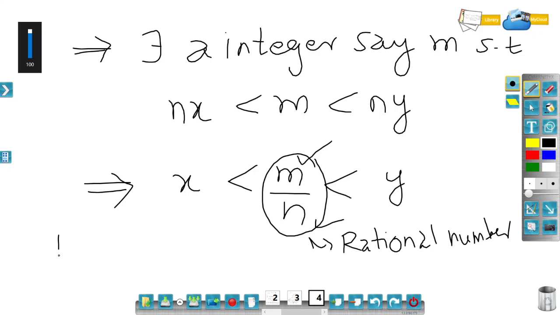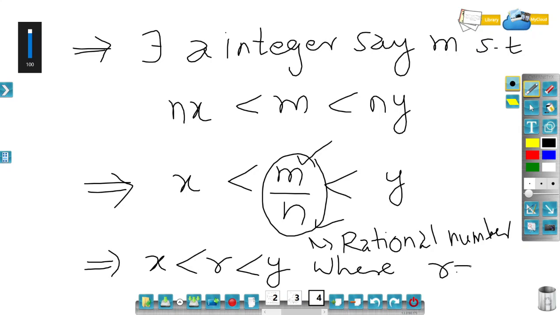So this would imply x is less than r less than y, where r is equal to m upon n, which belongs to the rational numbers. So I have proved that between two real numbers x and y, there exists a rational number r that lies between x and y.